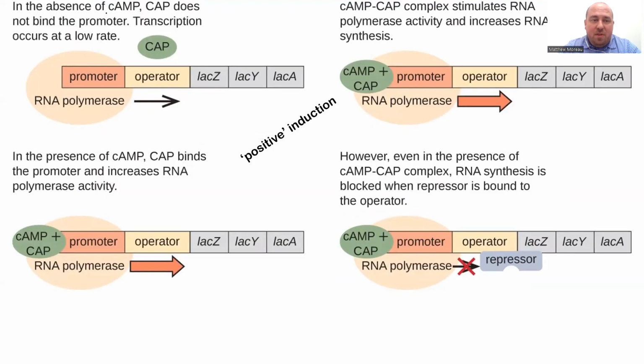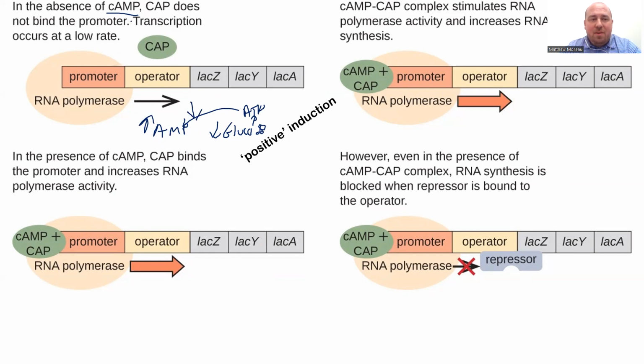Just really quickly, cyclic AMP is a byproduct of having a high amount of AMP, and you only have a high amount of AMP if you have low glucose. Because if you have a lot of glucose, you would have a lot of ATP, right? So glucose results in ATP, and AMP is the byproduct of the loss of ATP.